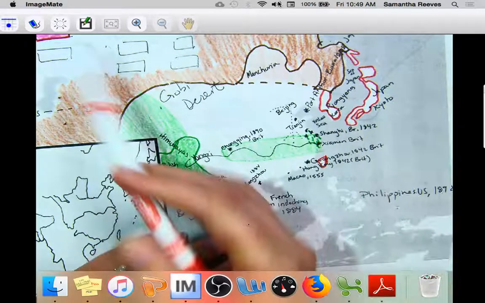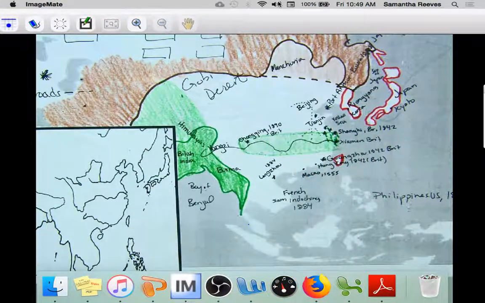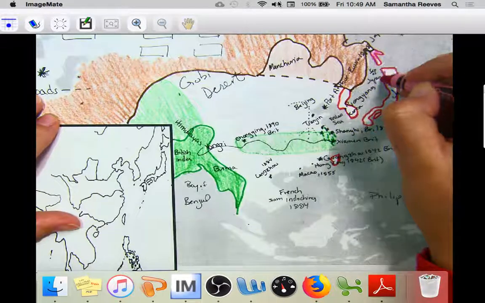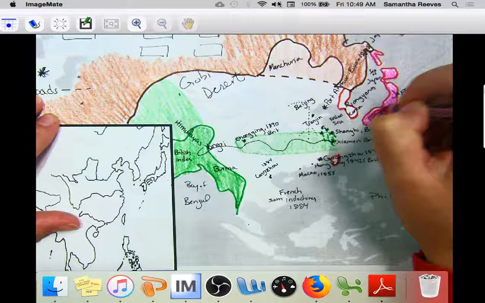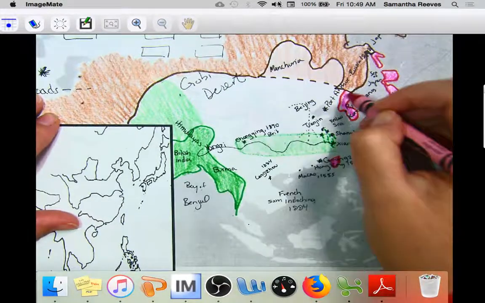If they're owning territory like Britain, France, Germany, Russia, what are they? They're industrialized. They are your only Asian country that is industrialized. They are going to use this to their advantage and to their power. And that's why China hates them.